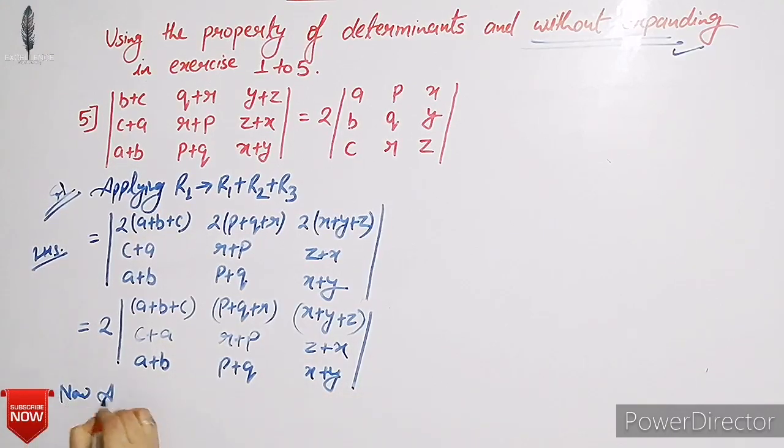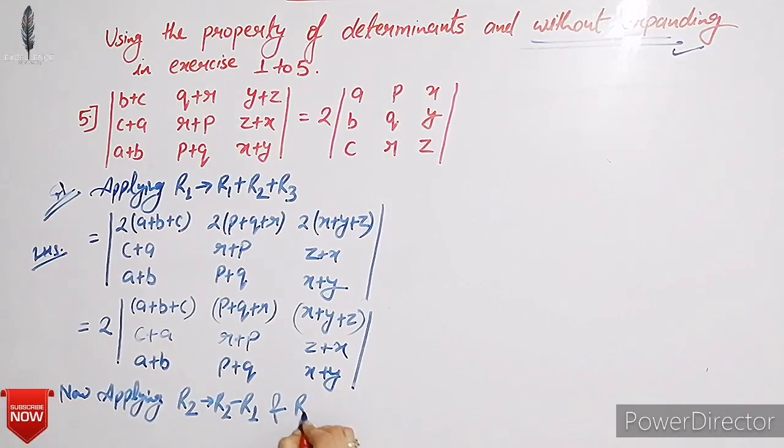Now applying the change, R2 becomes R2 minus R1 and R3 becomes R3 minus R1.